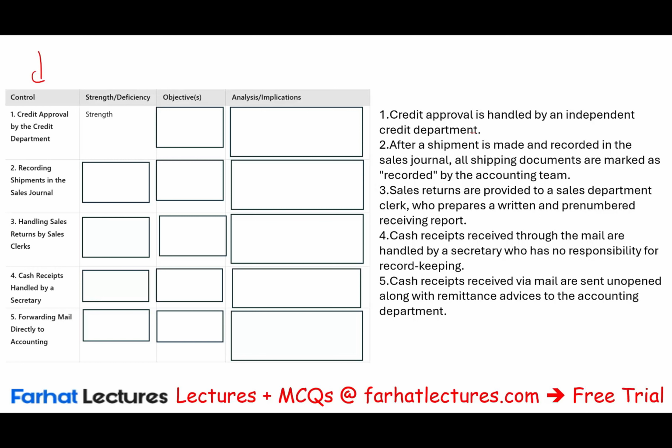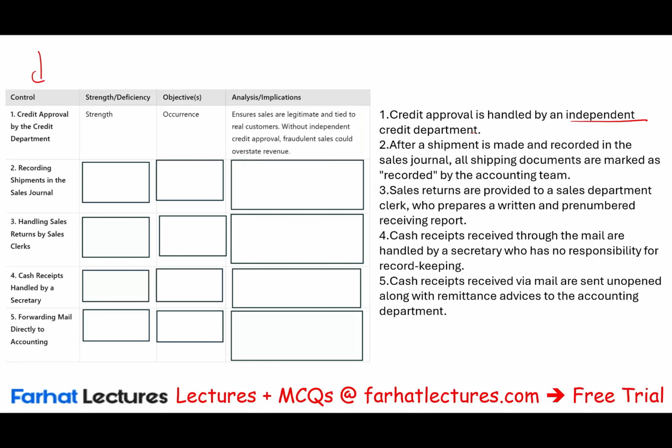Now, which objective are we dealing with here? It's occurrence. It's occurrence in the sense that we have a legitimate credit sale because it's approved by an independent party. So we have a real client. So the objective is occurrence. What's the strength? Ensuring sales are legitimate, the sales actually occurring and to a real customer.